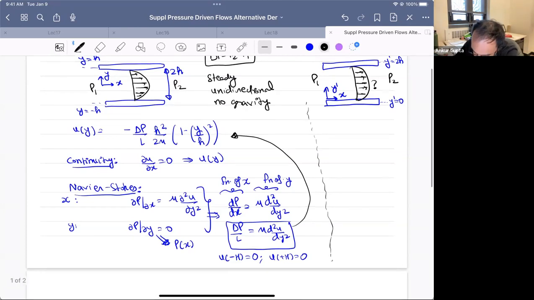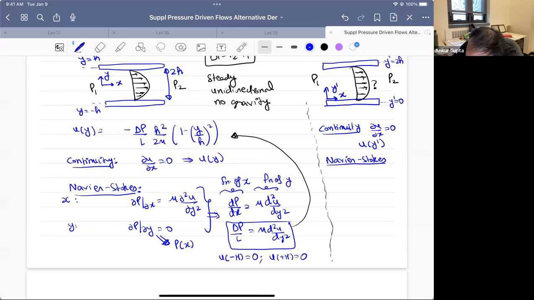So in other words, what I'm saying is, here if I do continuity, I will conclude that del u by del x is equal to 0. So I will conclude u is a function of y prime, just the same as the other equation.